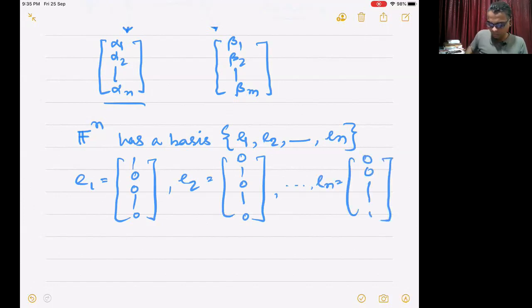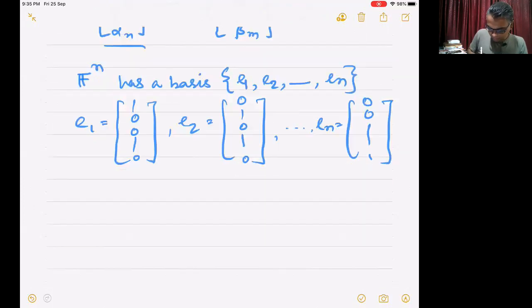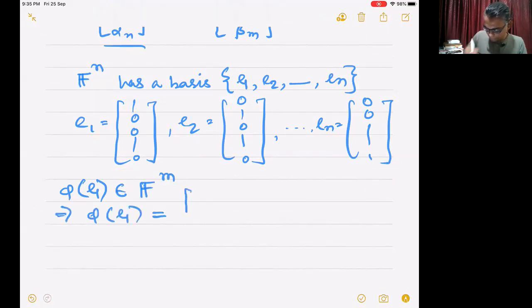Now, if these are basis vectors, clearly phi when it acts on E1 would produce something, which is an element in F to the m. So phi E1 must be some m tuple. Suppose we call that m tuple A11, A21, up to AM1.